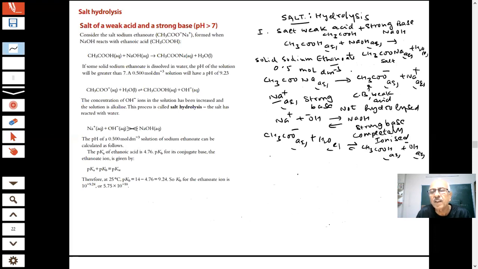If the OH ion concentration increases, will the solution be acidic or basic?